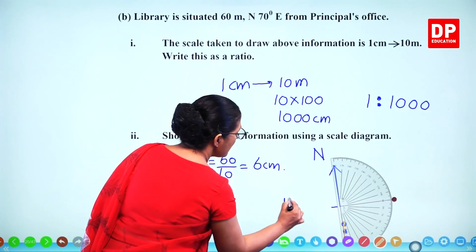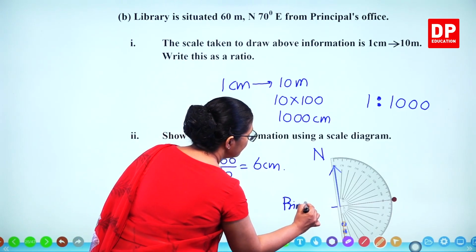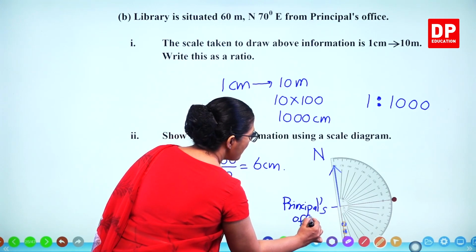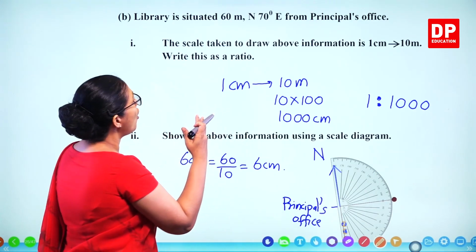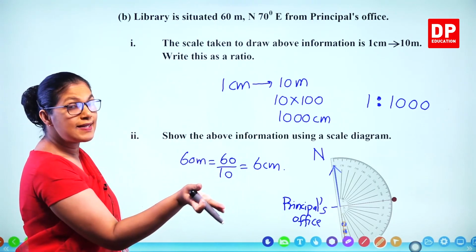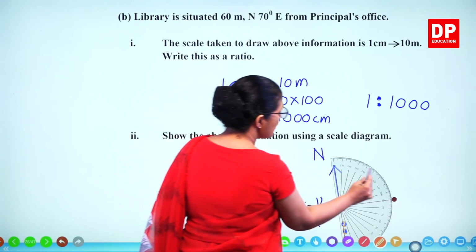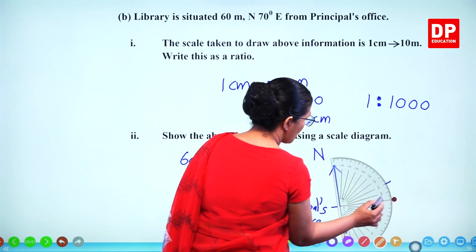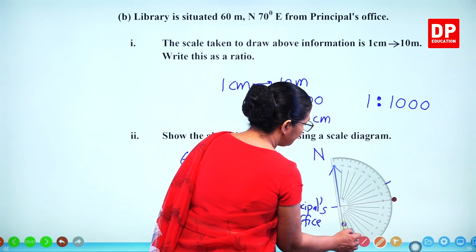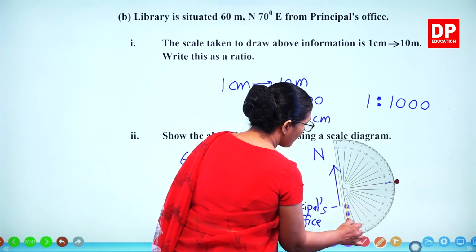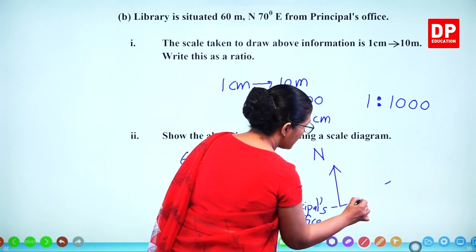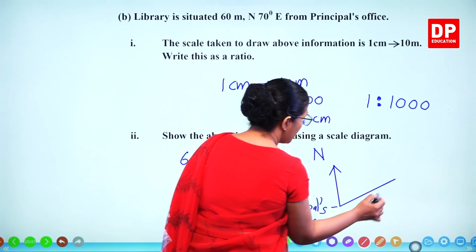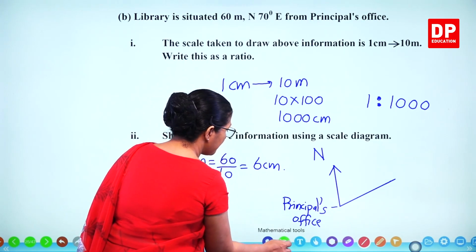From the principal's office, north direction, 70 to the east side. So 70 degrees from here, 10, 20, 30, 40, 50, 60, 70. This one. Now you can mark the direction here. Now you have to measure 6 centimeters.